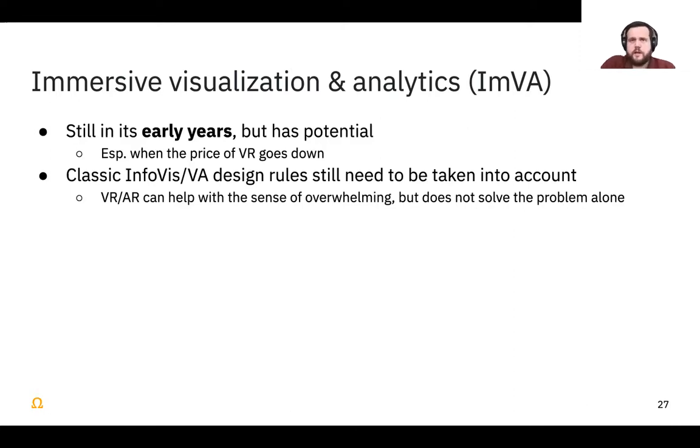Like we discussed, if we have the problem of clutter, we cannot solve it by saying we're just going to project the data all over this huge room and people can walk around it, so they will not be overwhelmed. Problem solved, right? Instead of correct clutter reduction techniques, we just show the data on a sufficiently large space. That's not a solution, right?